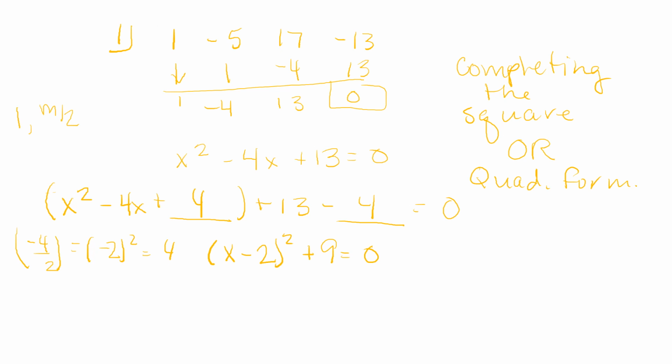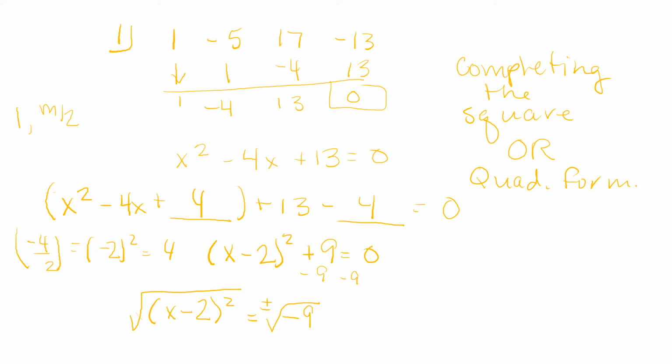And then I'm going to use the square root property. So I'm going to subtract 9 from each side. I get x minus 2 squared equals -9. We'll take the square root of each side.